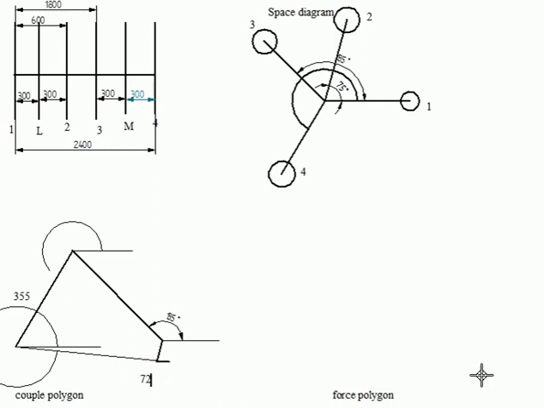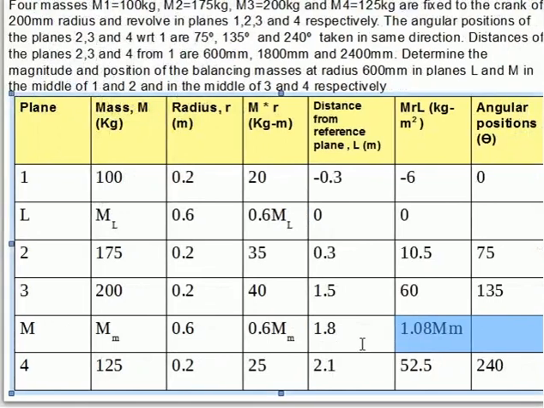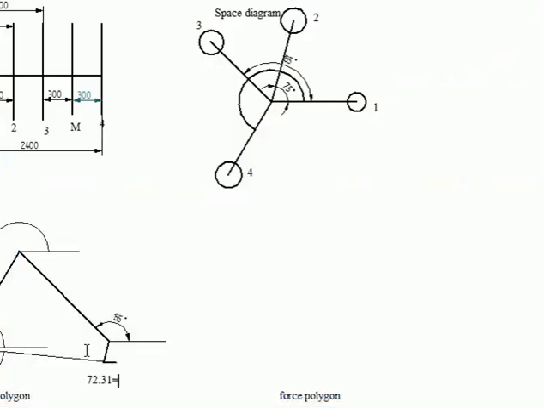Therefore 72.31 is equal to the unknown value, which was 1.08 times mm, so you have to equate this with 1.08 times mm. You have to take the scale factor also.